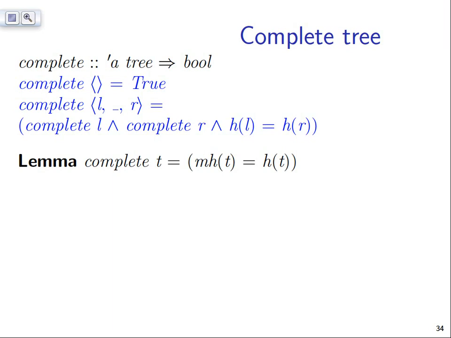And then we get a number of consequences of that. The first one is that a tree is complete if and only if the height and the minimal height are the same. That's where this view of a triangle makes sense. Another nice implication is that if a tree is complete, then it has 2 to the height many leaves.